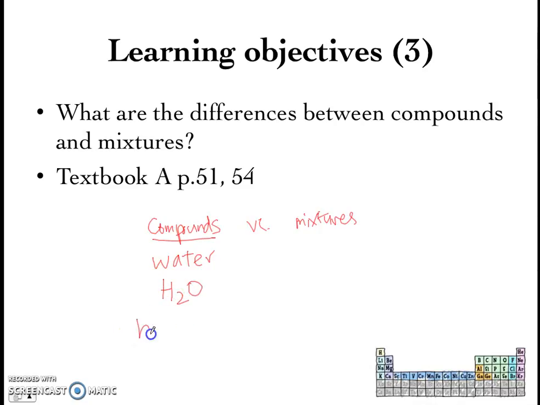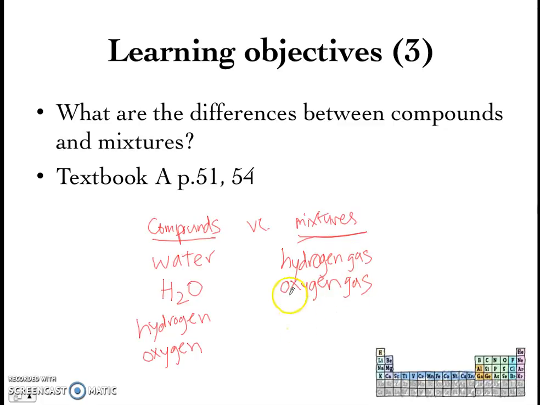That tells us that there's the element hydrogen and the element oxygen inside water. A mixture, for example, would be a mixture of hydrogen gas, which you can find in the air around us, and oxygen gas. In this case, the mixture also contains the element hydrogen and the element oxygen.